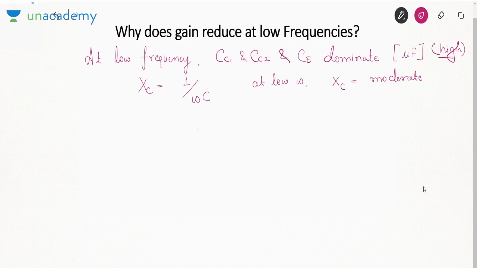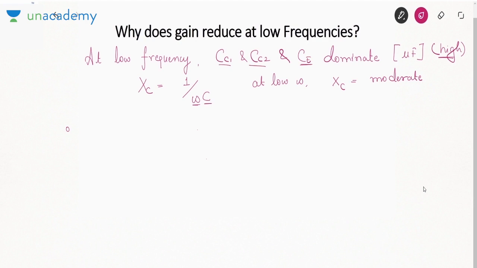Picofarad and nanofarad are low capacitances, but microfarad is high. So when you multiply omega into C, omega is low but C is high, so Xc will come out to be moderate, and that is why at low frequencies we have to consider these capacitances.